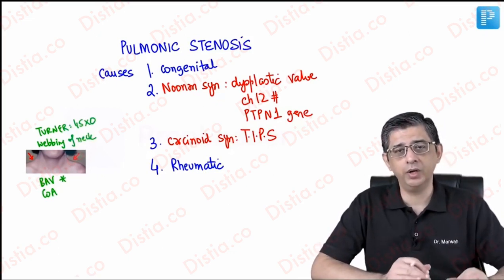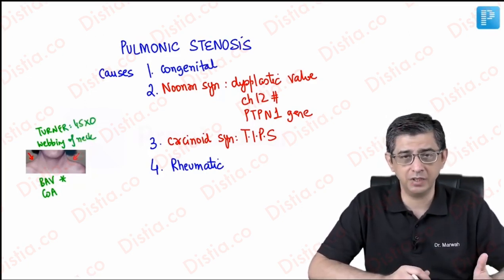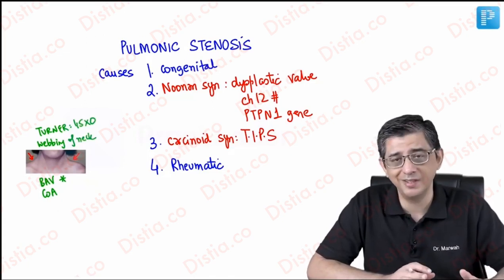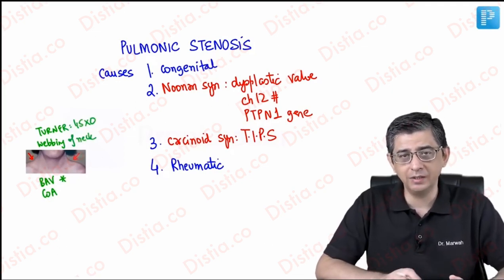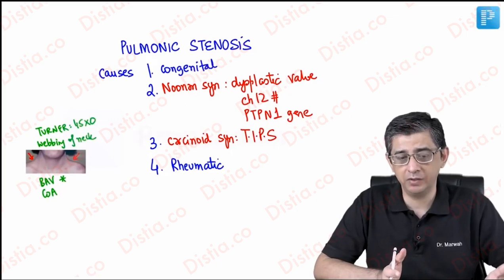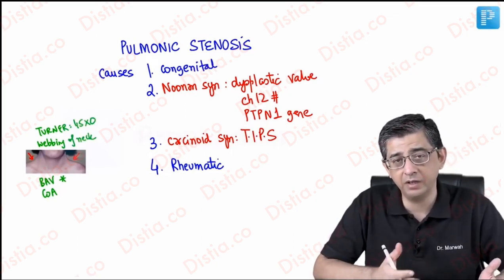So I would like you to take this with the right perspective. If a question says which is not involved in rheumatic, the answer is pulmonic valve. Otherwise, if it asks for the rarest involved, again the answer is pulmonic valve. So both the statements are correct and they do not contradict each other. It is just that in Indian studies they may not have found that pulmonic valve is involved, and in some cases abroad they might have detected pulmonic valve involvement in a few cases.